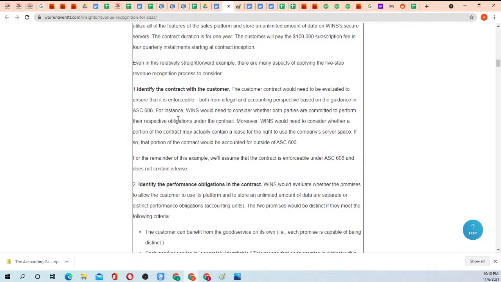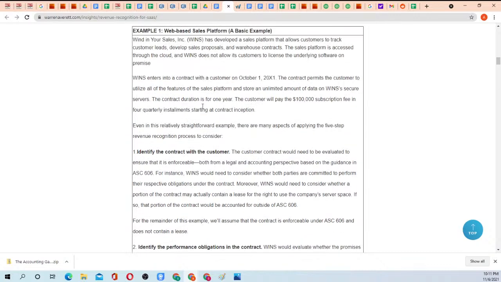So we are now bombarded with issues. First, they need to figure out if the contract is enforceable. Basically, if the customer can pay 1 quarter and walk away, then we will look at the situation differently compared to the situation when they can actually be forced to pay $100K.